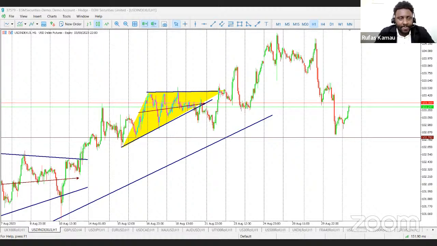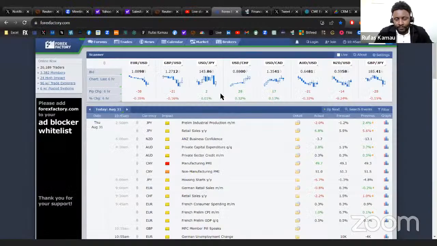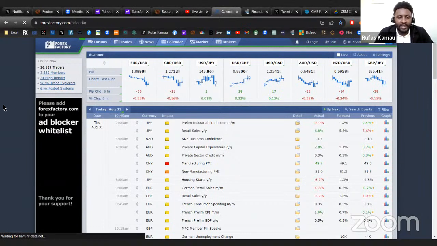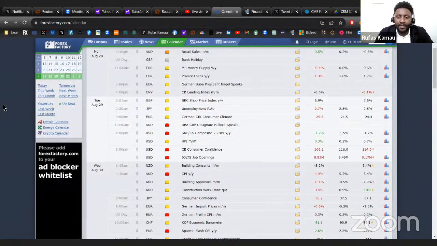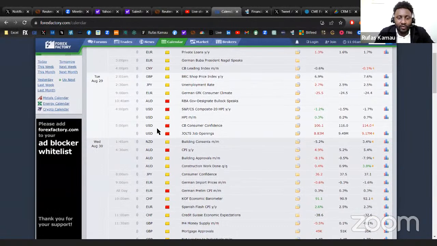So let's jump right into the economic calendar. First things first, we know that the Fed adopted a data-dependent approach. So the market is reacting to every data point that comes up for the US economy. Over the week, we have had quite a number of data points, starting from the JOLTS job openings on Tuesday, which came in slower than expected.